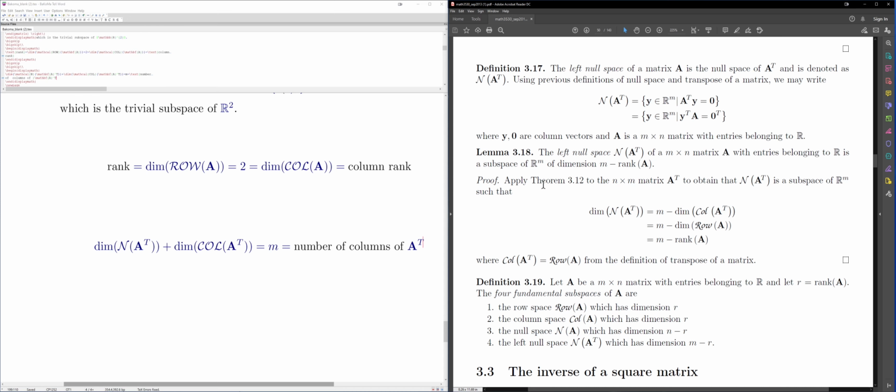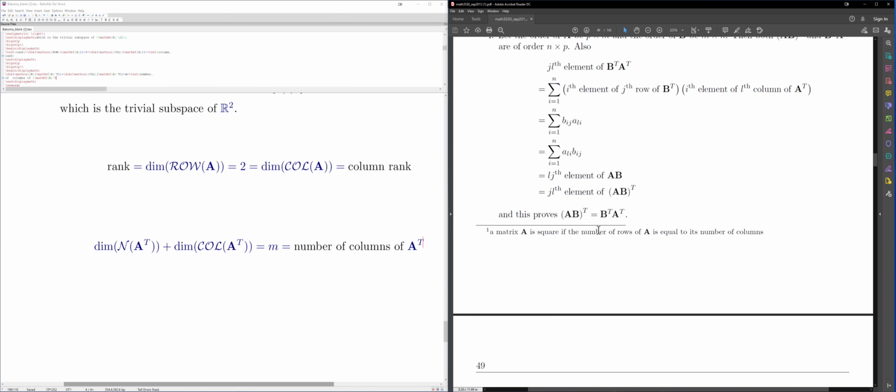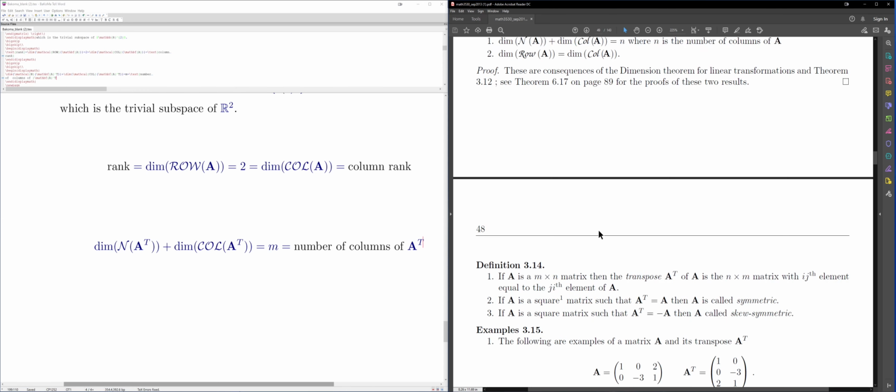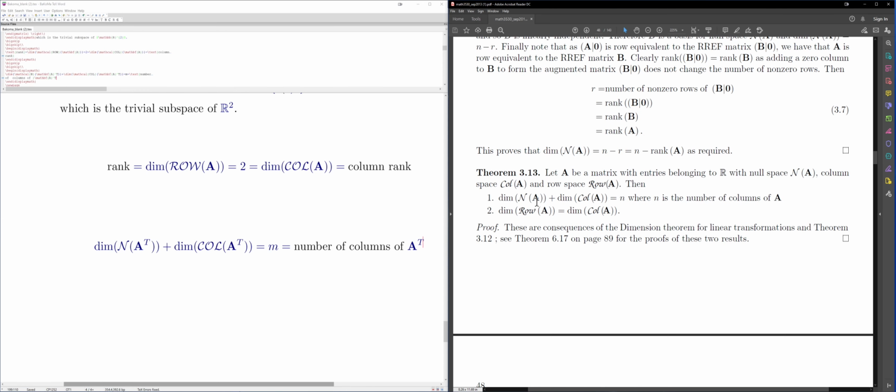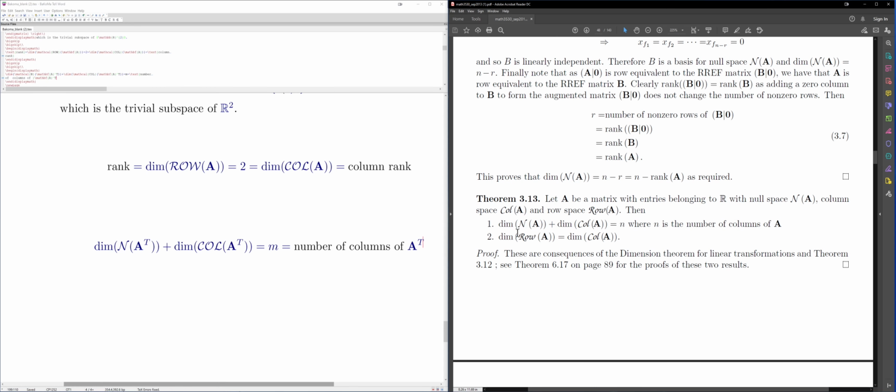So let's see if I can explain this. What I need to use is this statement here, this first one. If I have a matrix A, then the dimension of the null space of A plus the dimension of the column space of A is equal to the number of columns of A. We talked about this.